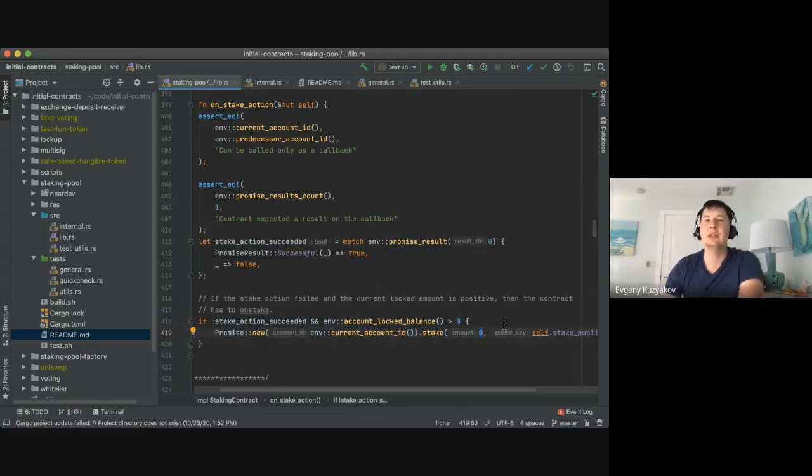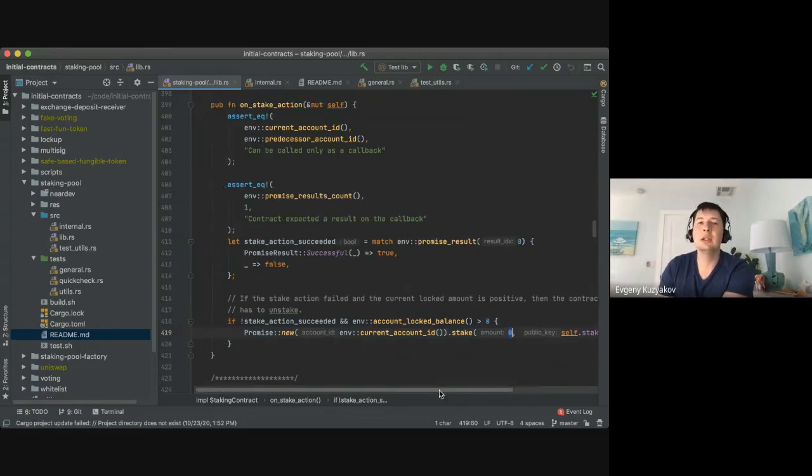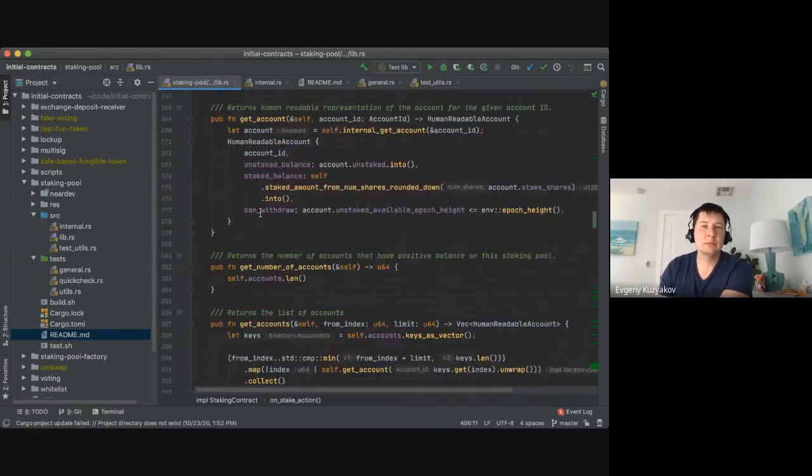So just findings during the testing of these contracts that we did on the betanet testnet before mainnet. So the contract was ready maybe around summertime.